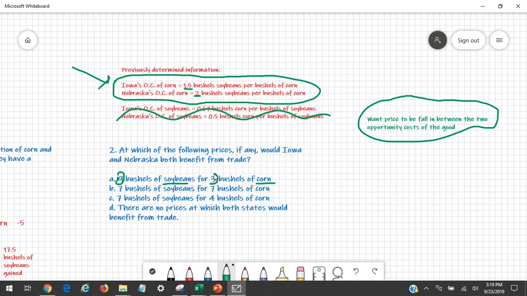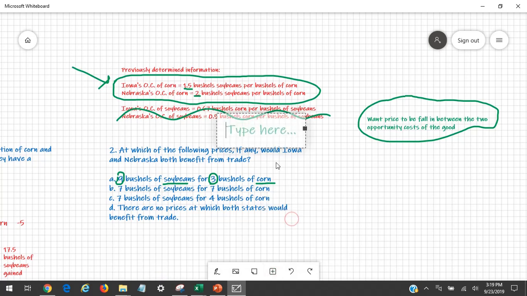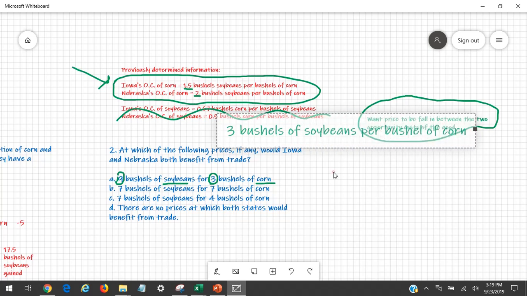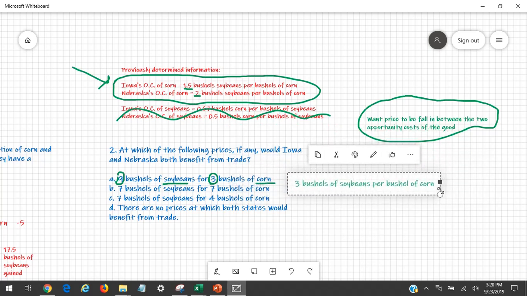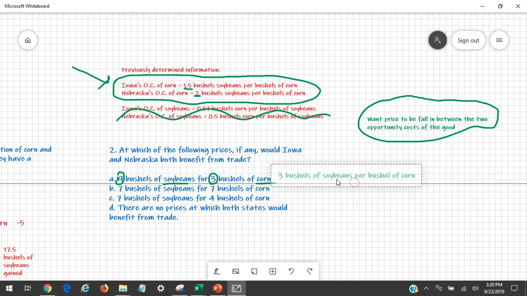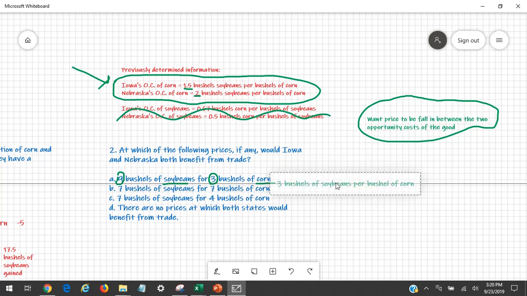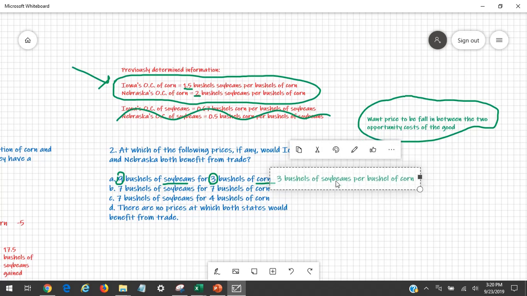So I'm going to do 9 divided by 3, which gives me 3 bushels of soybeans per bushel of corn. So that's one of the possible prices they're giving us. 9 divided by 3, which is 3. Okay, so I would just write next to each answer choice the decimal form of it.